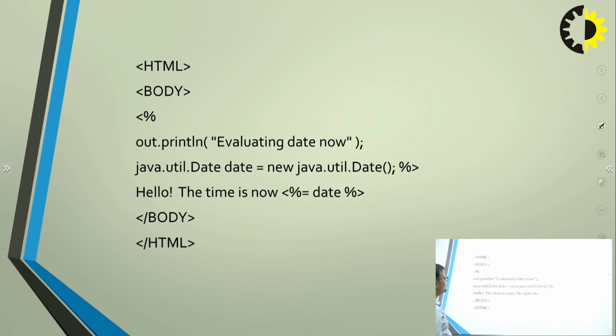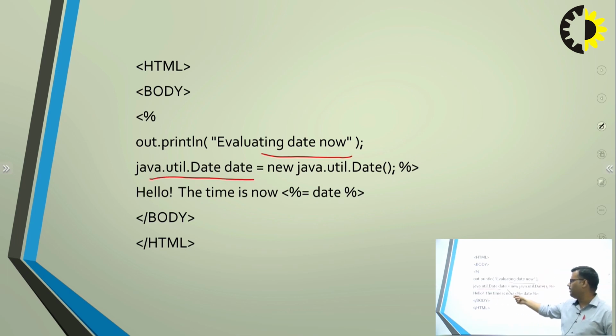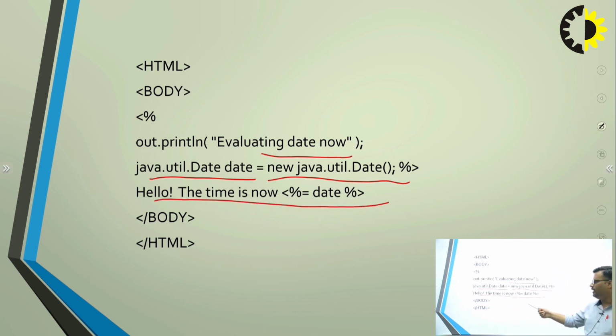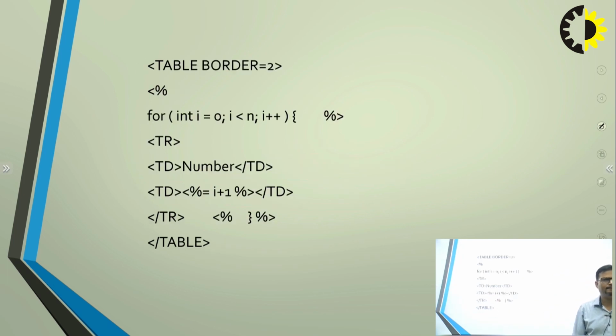Next example: HTML body, then out.println evaluating the date now, new java.util.Date(), then hello, the time is now, and this is the close of the body and the close of the HTML tag.